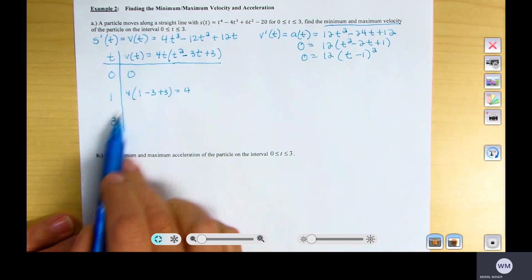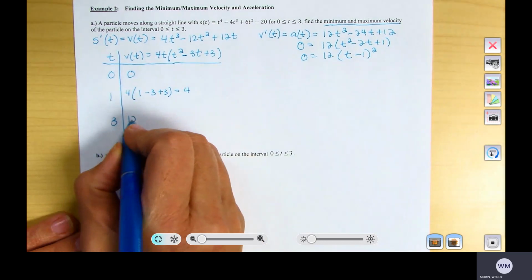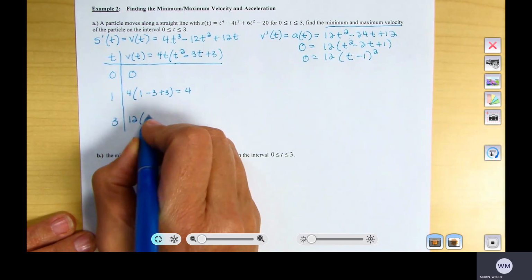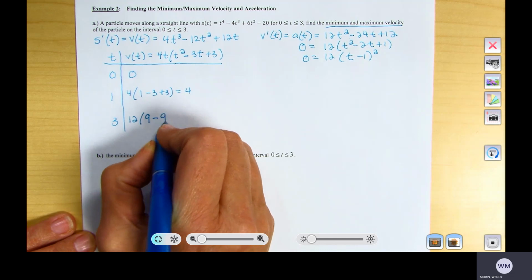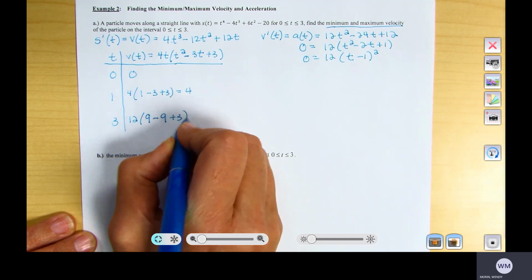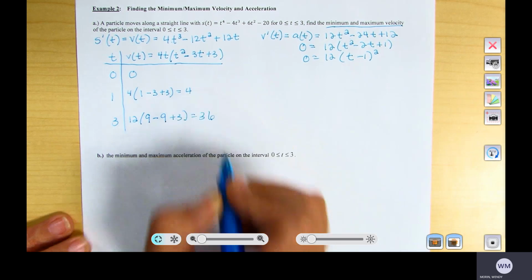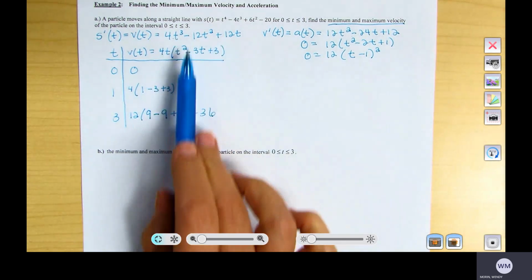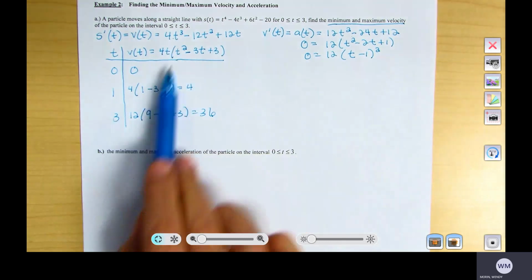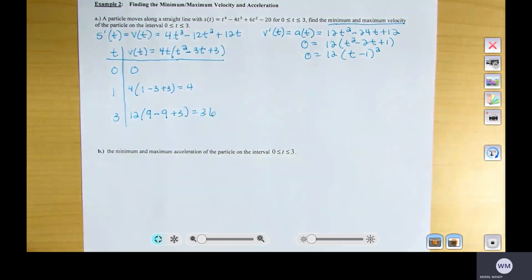When I plug in a 3, I'm going to get 12 times 3 squared minus 3 times 3 plus 3, which is going to give me a 36. So again, if you didn't factor this out, when you do direct substitution for a 3 in here, the numbers are going to be kind of big. So try to make the problem a little bit easier since it is non-calculator.